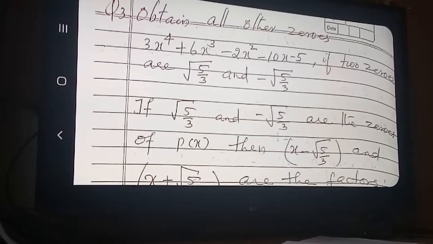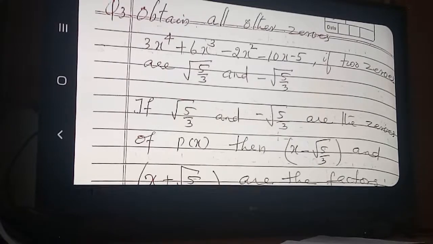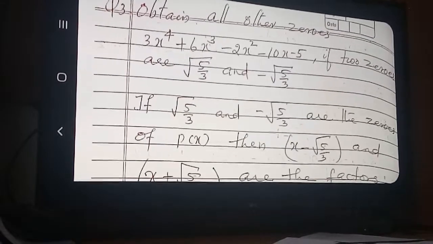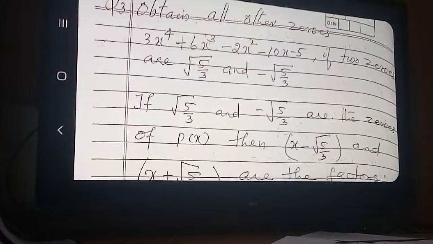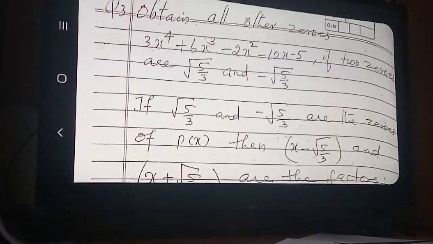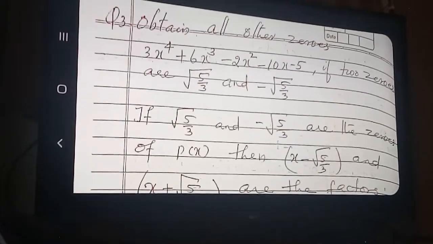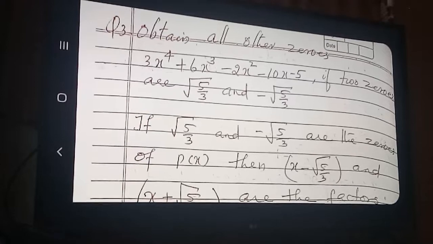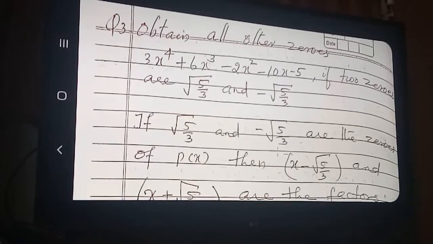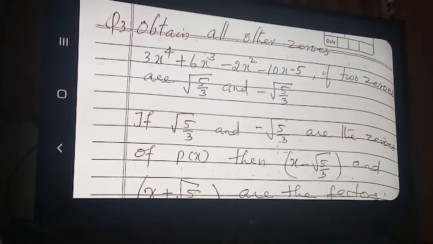Then here, what is the degree of this polynomial? Fourth degree polynomial. I already told you maximum 4 zeros are there. So how many zeros given? 2 zeros given, root 5 by 3 and minus root 5 by 3. How many zeros remaining? 2 more zeros remaining. We want to find out the remaining 2 zeros.